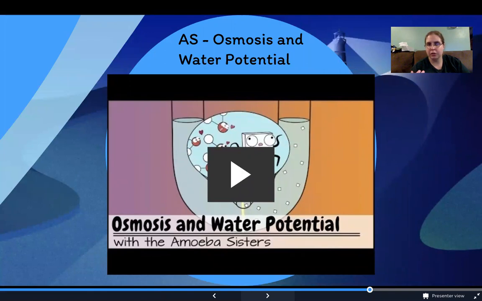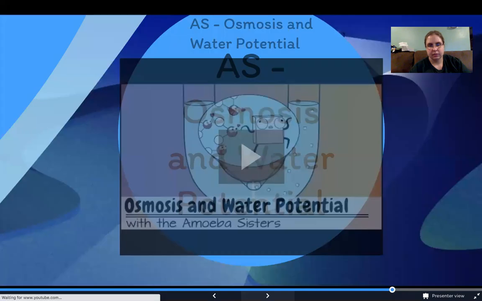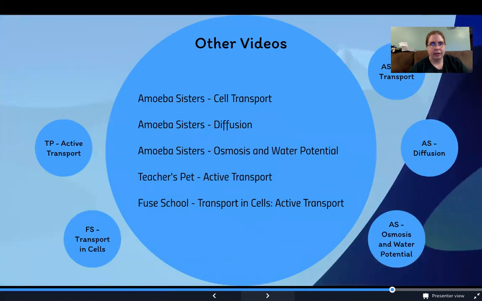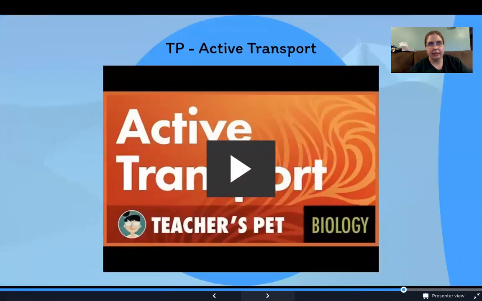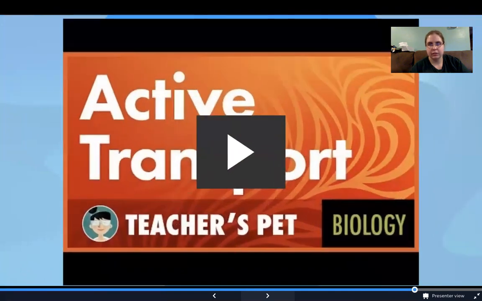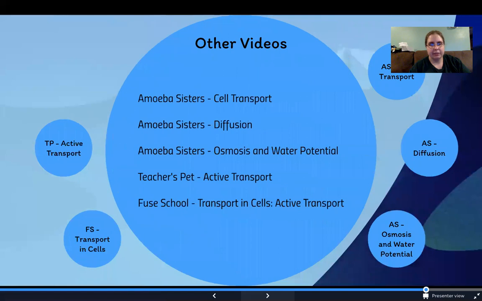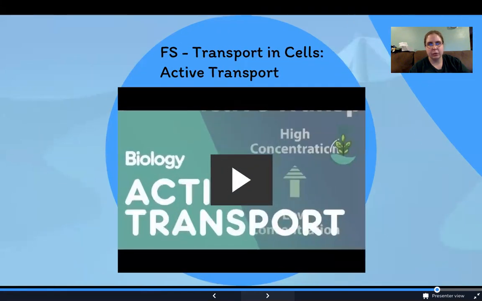So they're also going to talk about hypertonic, hypotonic, and isotonic. And then we have Teacher's Pet active transport video. So it describes the different types of active transport. And then we have Fuse School transport in cells, focusing on active transport again.